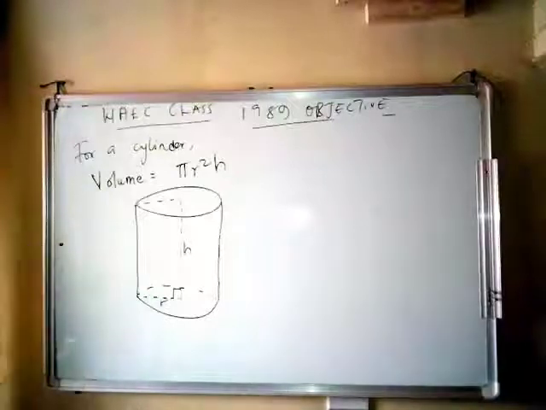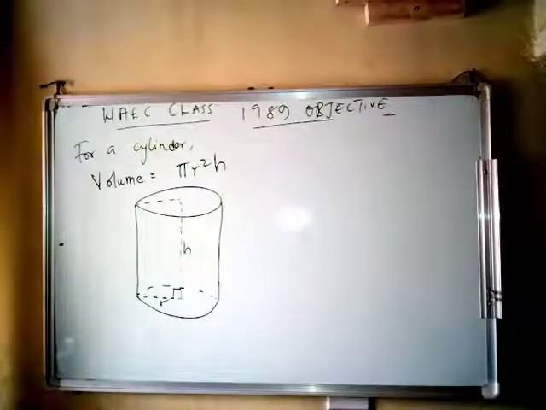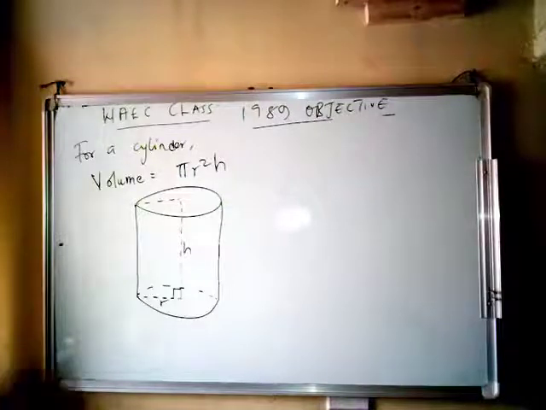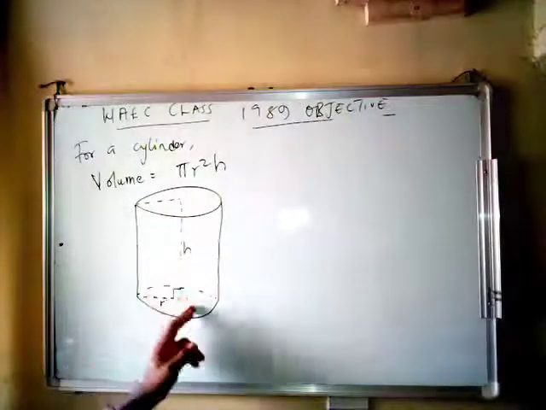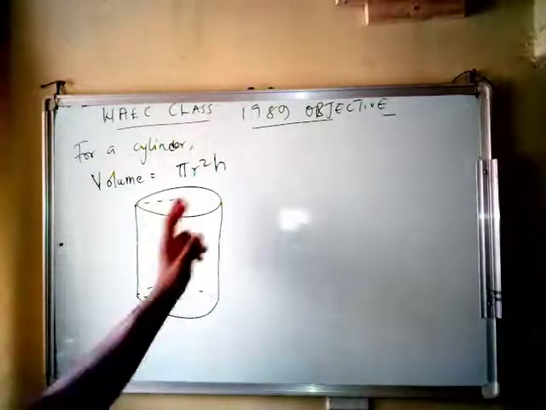So take a look at what we have here. We had just discussed volume of a cone, but this one is different. This is volume of a cylinder. Now notice that it is different from volume of a cone. For a cylinder, of course, like I told you, it has two circles.